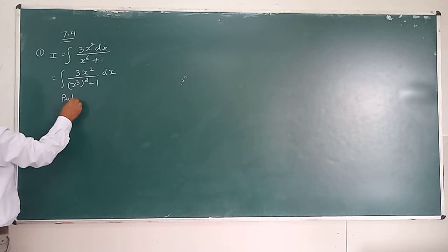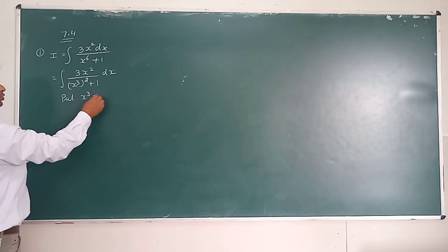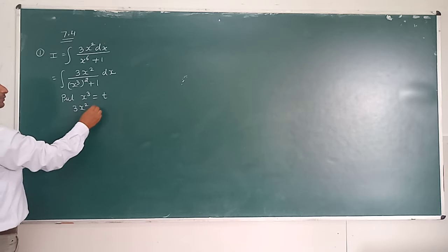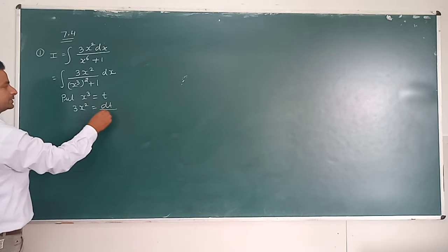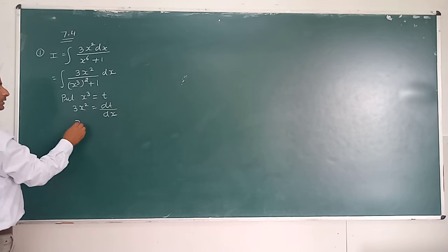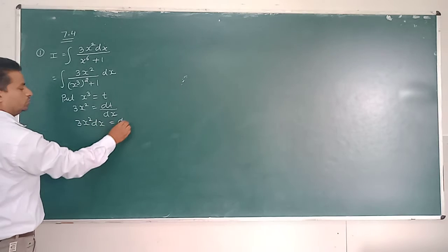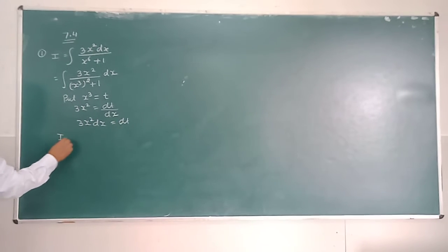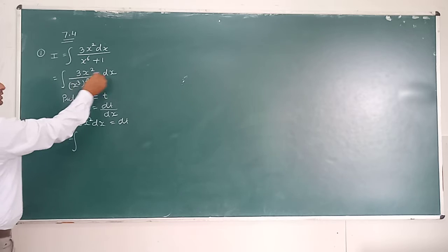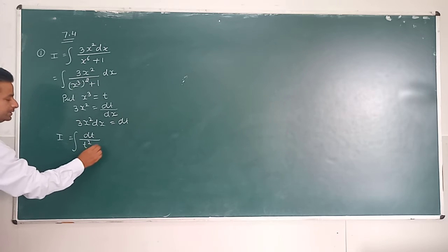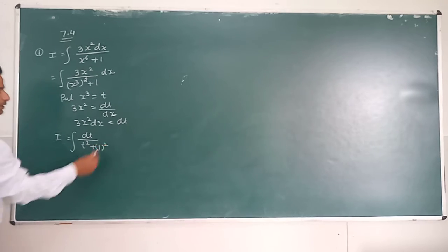In this, we first put x cube equals to t. Differentiate this with respect to x. So, 3x square dx is equals to dt. When we put the value of 3x square dx, we get dt upon t square plus 1.